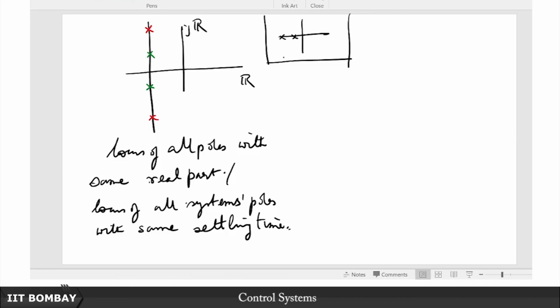So which pole out of these two is going to be the slower of the two modes? Of course the one that is closer to the origin. So if you have a pole pair corresponding to an overdamped system like so, then in order to evaluate the settling time, you consider the pole that is closer to the imaginary axis, yeah, and then take 4 times. So if this is P1 and this is P2, then you take 4 by P1 as your settling time, okay.